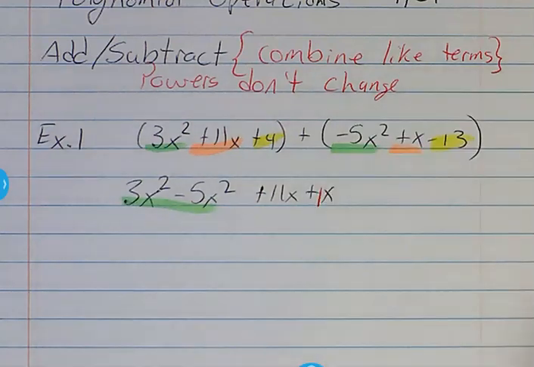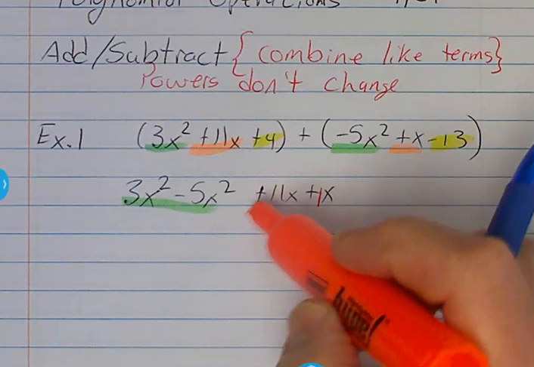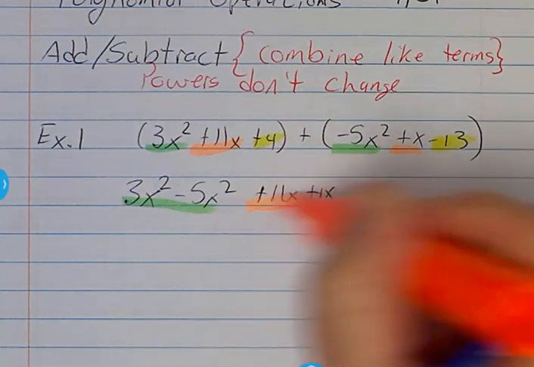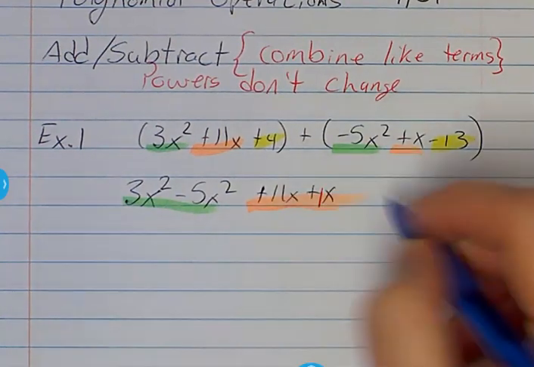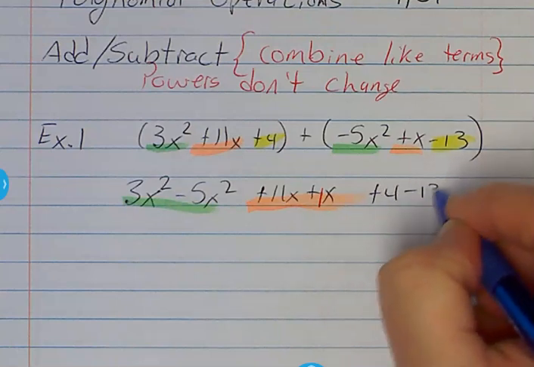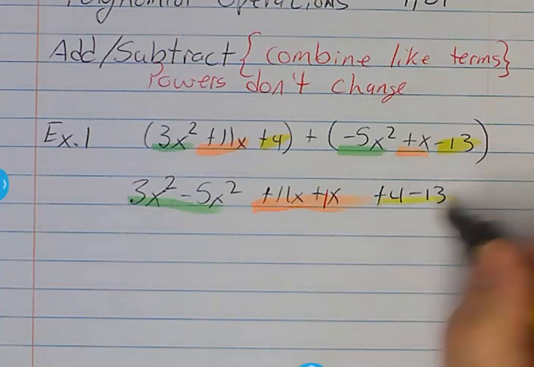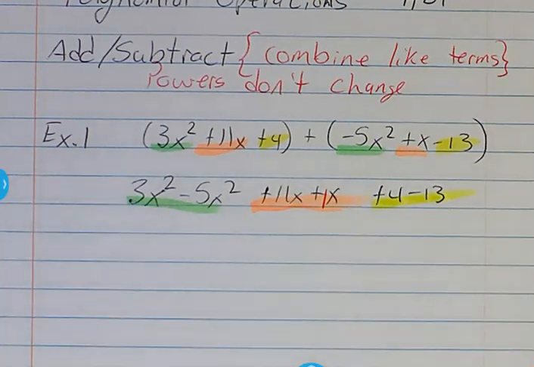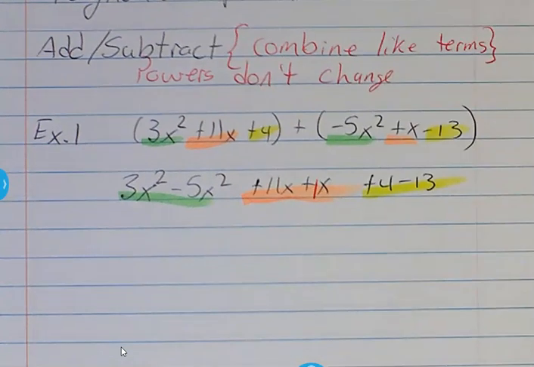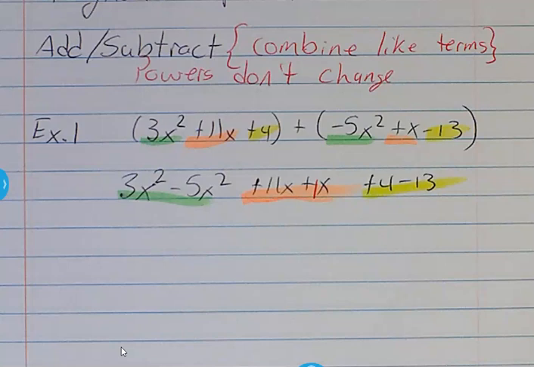So technically we're doing 11x plus 1x. And then on the last one, we've got a plus 4 and a minus 13. Okay, so separate everything out to figure out what your like terms are. And again, like terms are just anything that's got the same power.